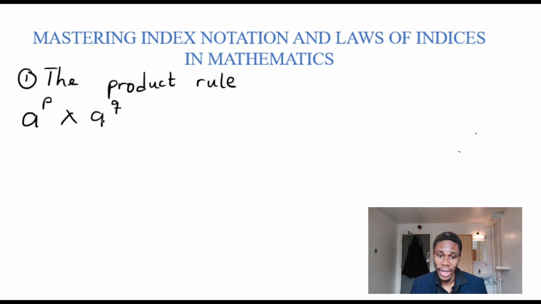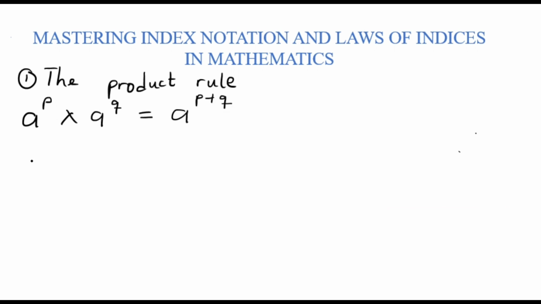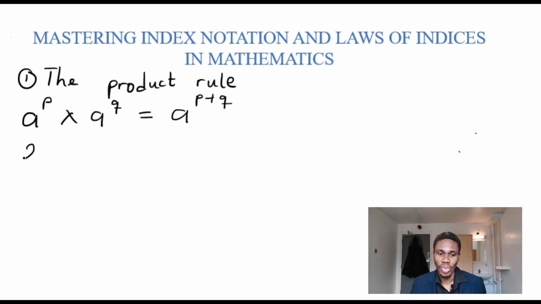So we have a here and a here. They are multiplying, so we add their exponents, which is p plus q. Let's take an example. So our example here is 2 exponent 3 times 2 exponent negative 1. These two are of the same base and hence we add their exponent.